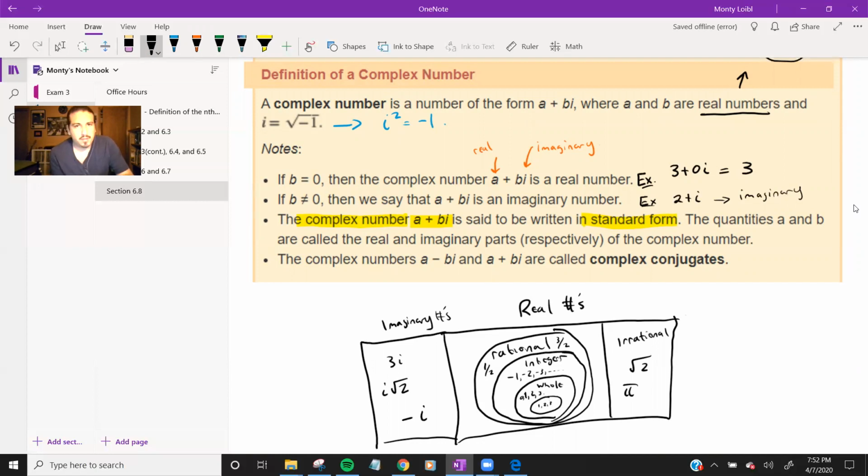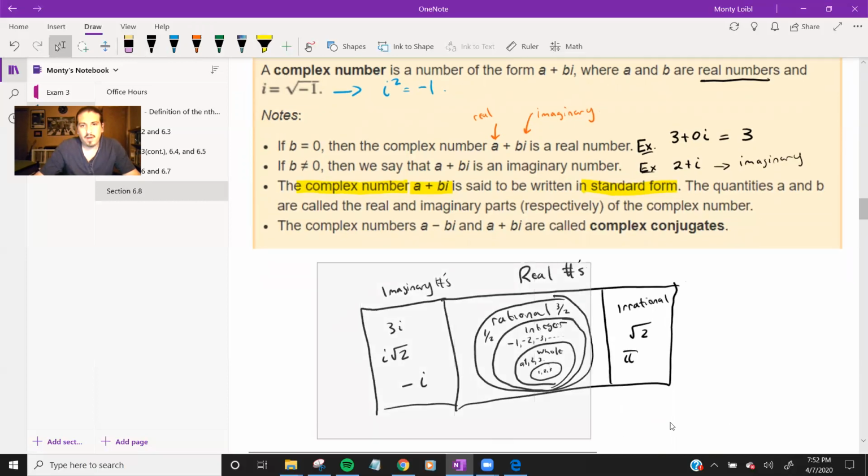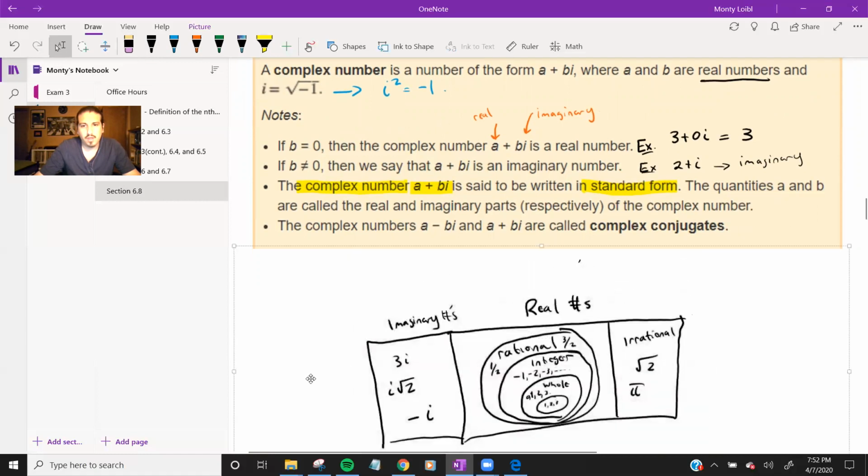Well, what a complex number is, is basically all of these. So all of this is within the family of complex numbers. Before, we had this kind of separation between rational and irrational, which actually let me get rid of it like that.